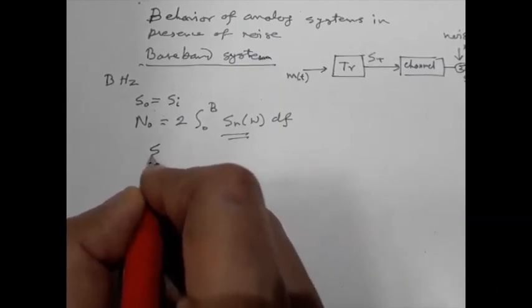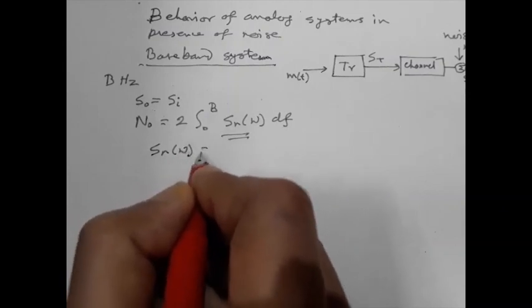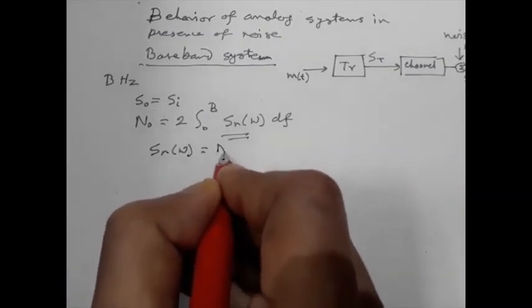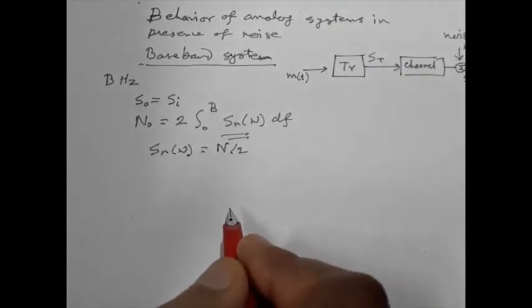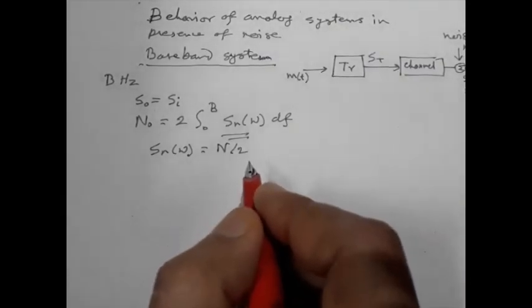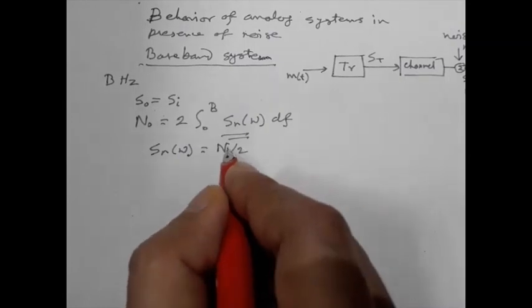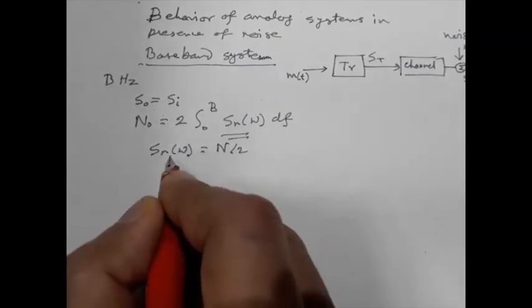So Sn(omega) is n by 2. This is the power spectral density.